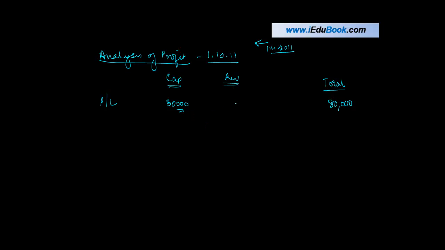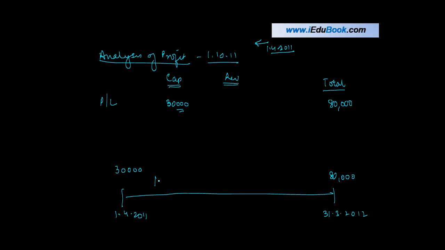Now the second question which comes up is, again, just look at this timeline. 1/4/2011, 31/3/2012. So 30,000 is the balance here, 80,000 is the balance here. This means that during this period, how much is the profit I earned?